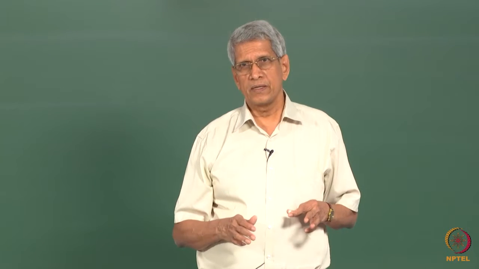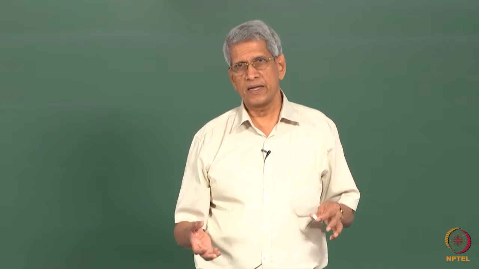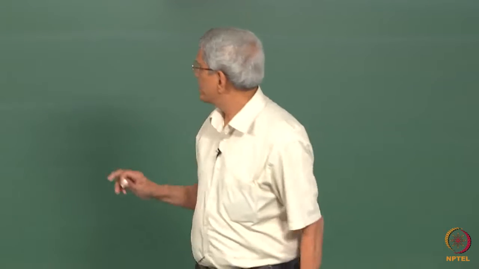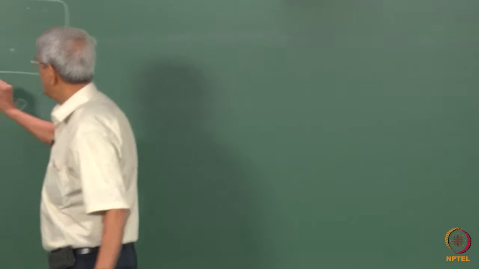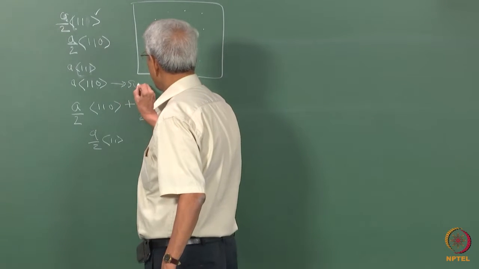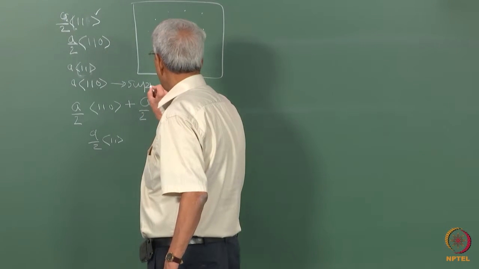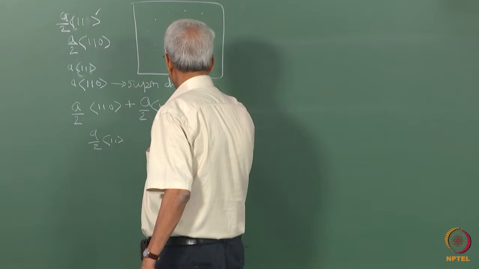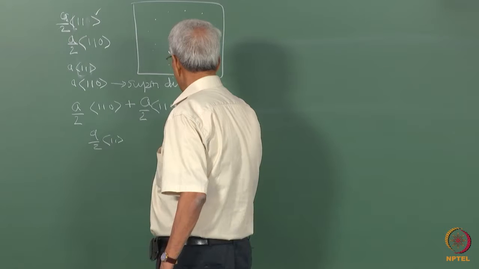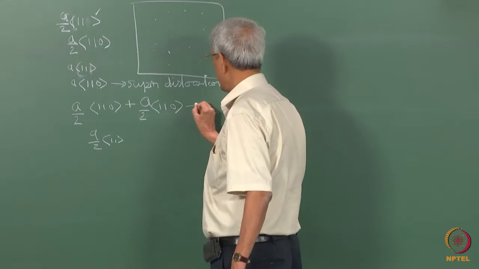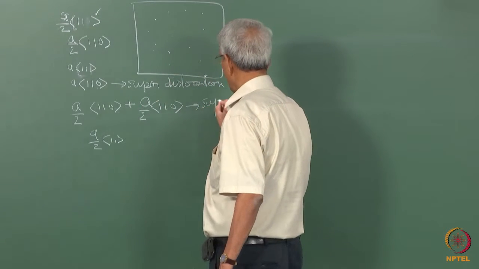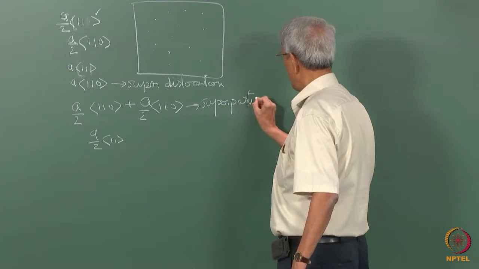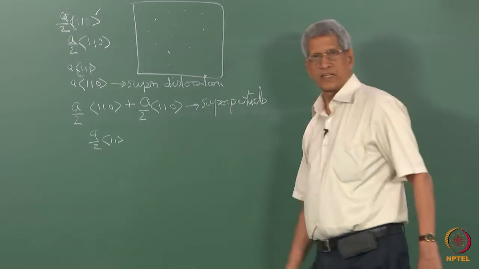One, the perfect dislocation in the ordered lattice splitting into partials. When that happens, this dislocation is called a superdislocation. These two are called super partials.